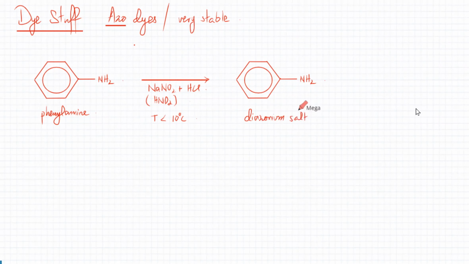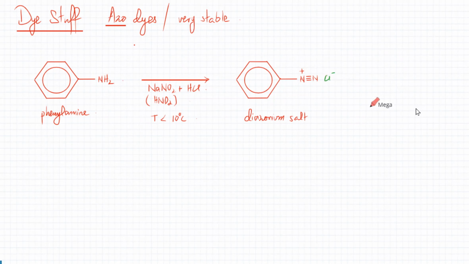A diazonium salt is a very unstable compound. It's basically N forming a triple bond with another nitrogen atom, and it's got a positive charge. That's what a diazonium ion is. And because the solution has HCl, there might be some Cl- ions around as well.